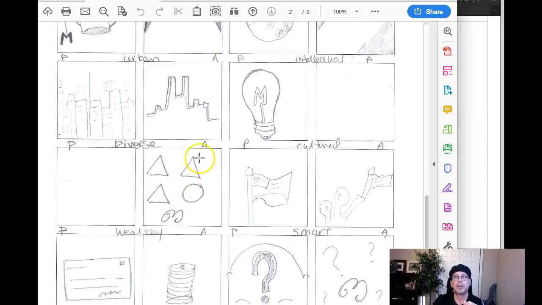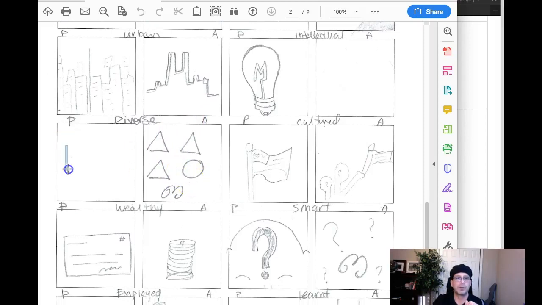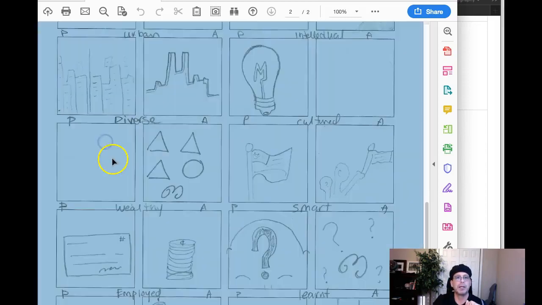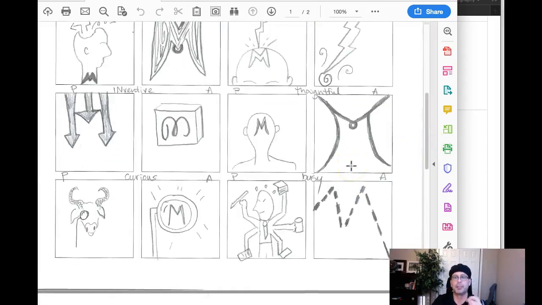Now, a pictorial representation of diverse, we could use black and white. You could just show one square black, one square white. That shows diversity in a really primitive way, kind of depicting black and white as different races or different ideas of showing diversity.